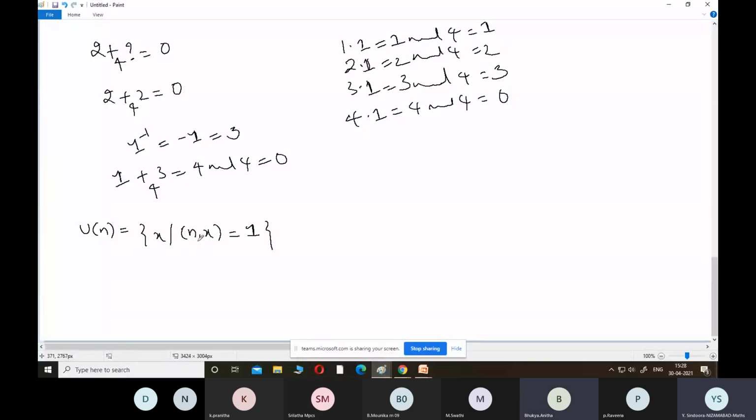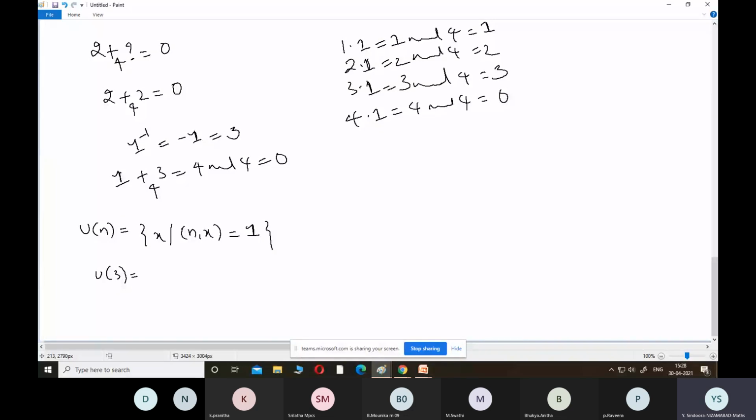So for example, if I'm taking U of 3, what are the elements of U of 3? They should be positive integers, less than 3, and they should be relatively prime to 3.